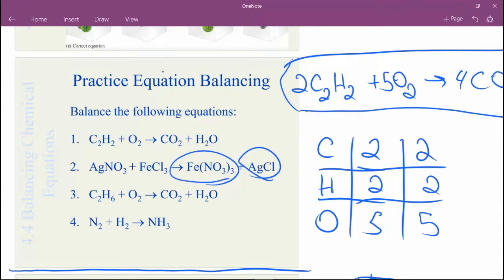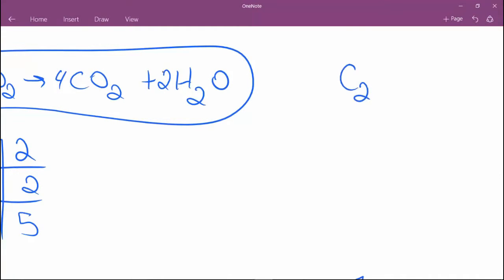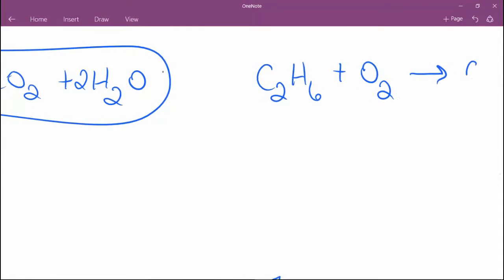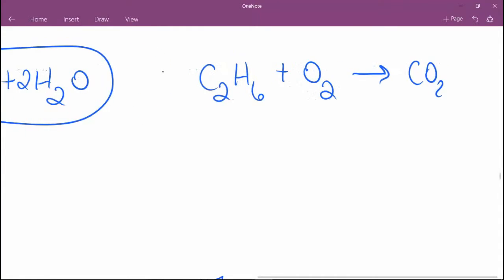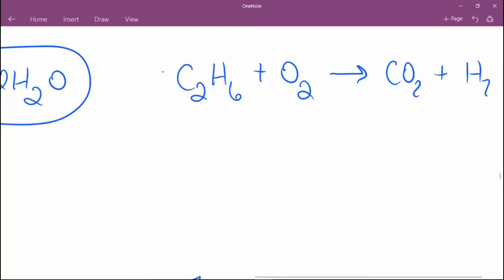Okay, let's try this next one. C2H6 plus O2 produces CO2 plus H2O.